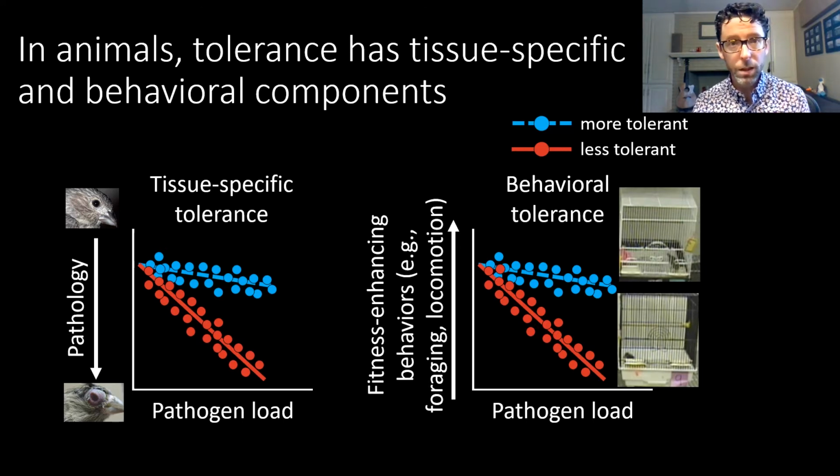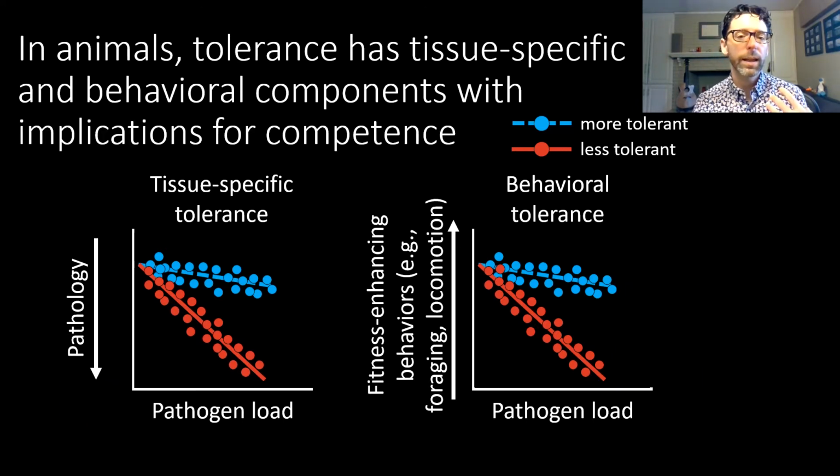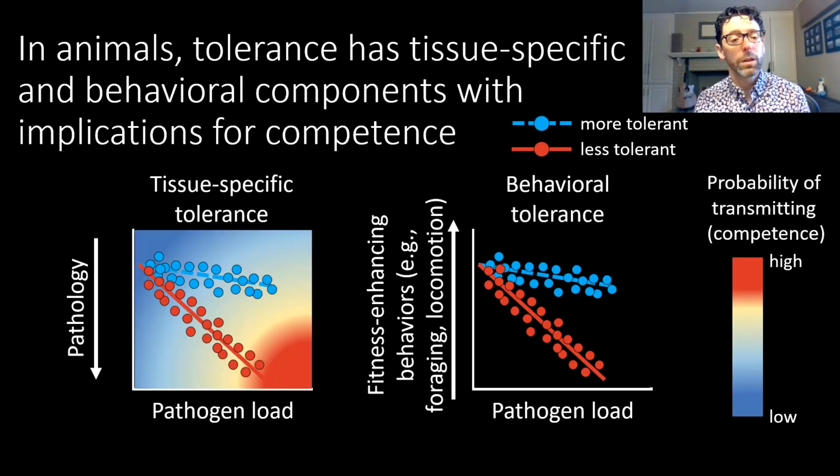And the reason these are both interesting to me is that they can have serious implications for host competence, or the ability to transmit pathogens. Those could even be opposite. So here I'm suggesting that often pathology can be important for getting pathogen out of a host.